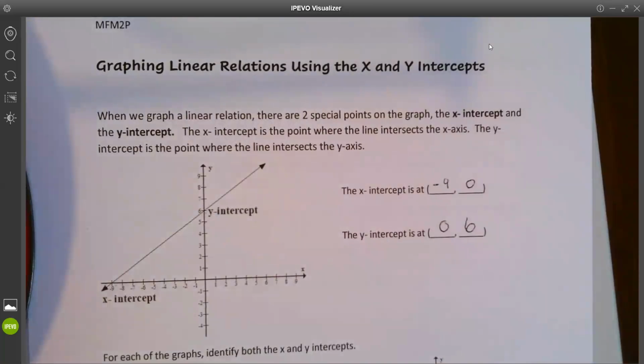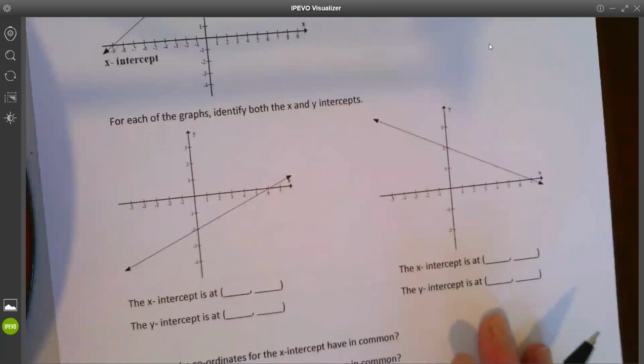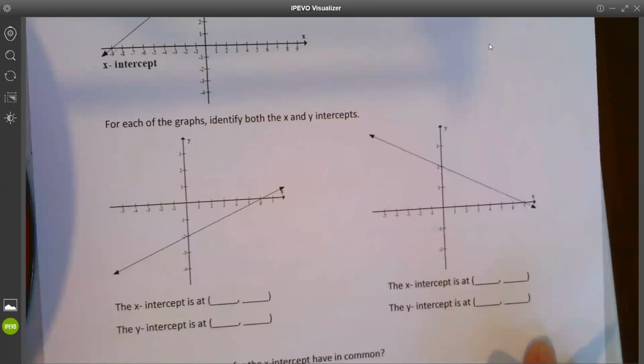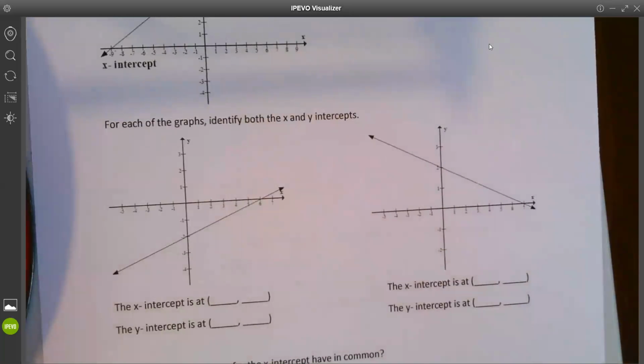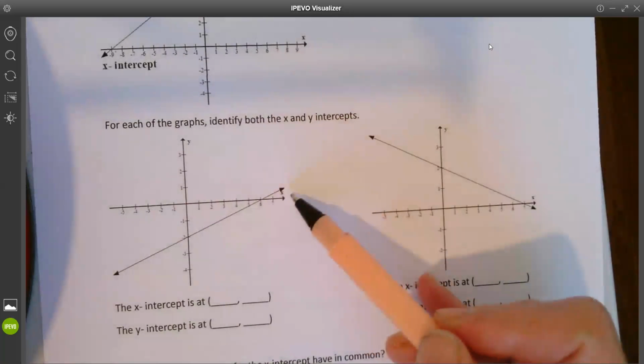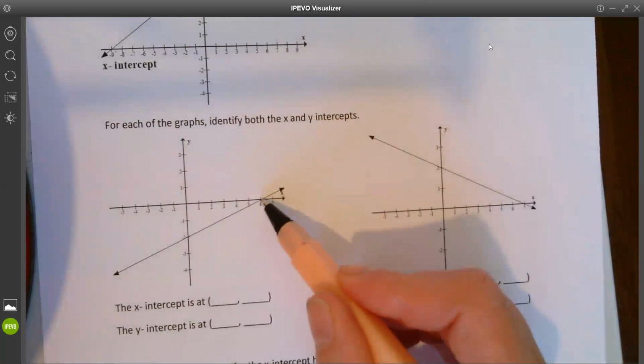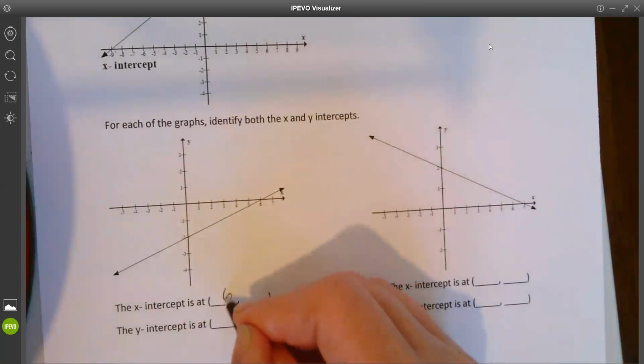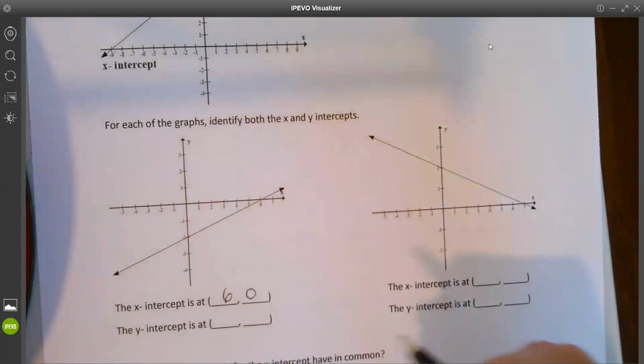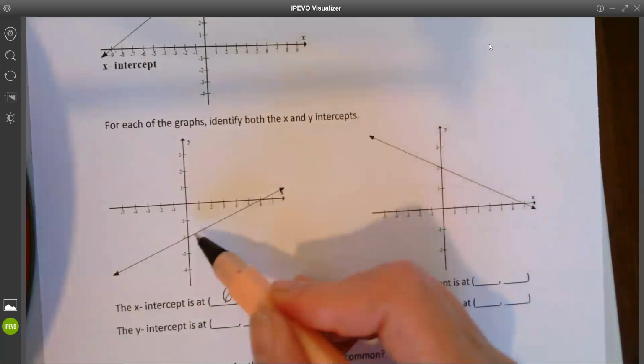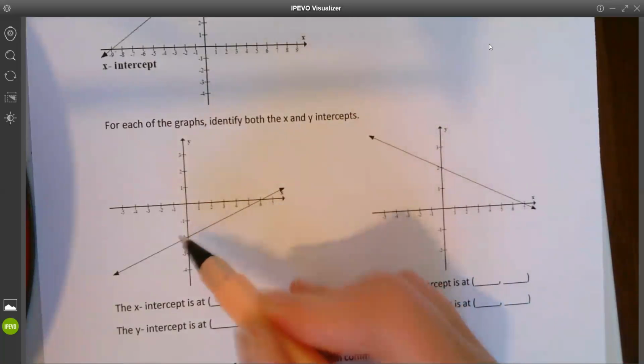So let's look at a couple more graphs. For both these graphs, we want to identify the coordinates of both the x and the y intercept. So here is the x-axis. So the x-intercept is at (6, 0), and the y-intercept is over here at -2.